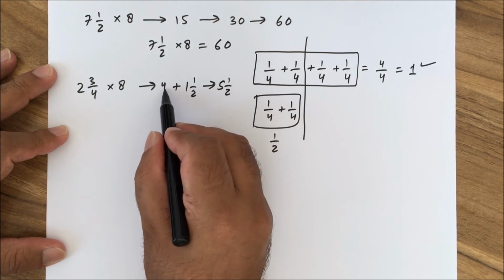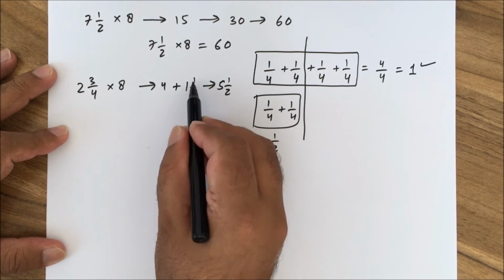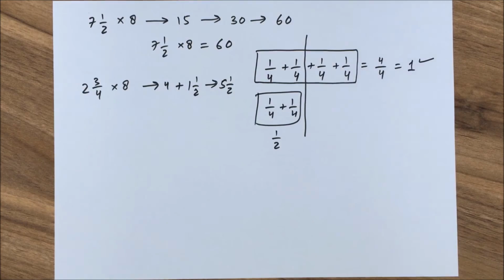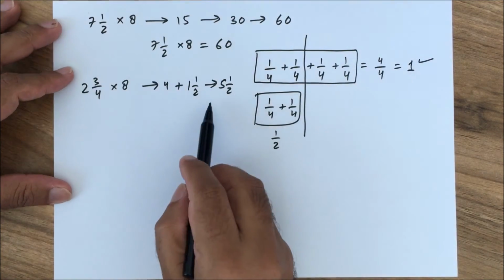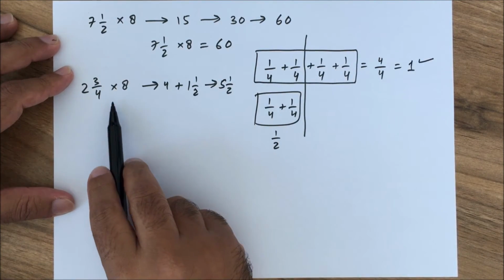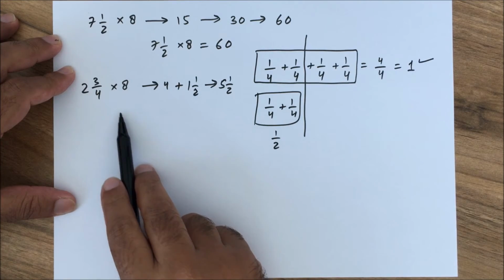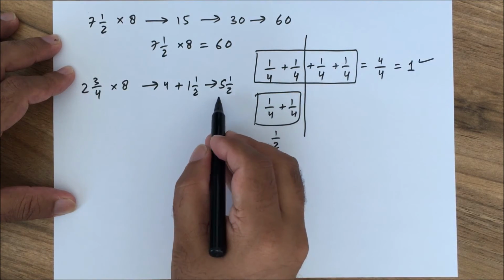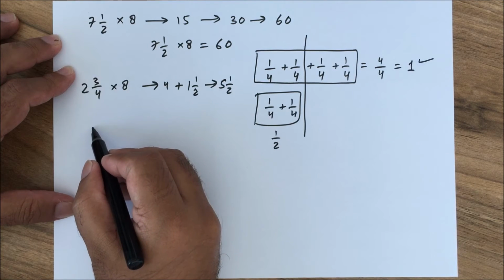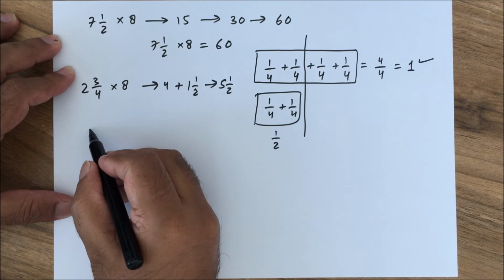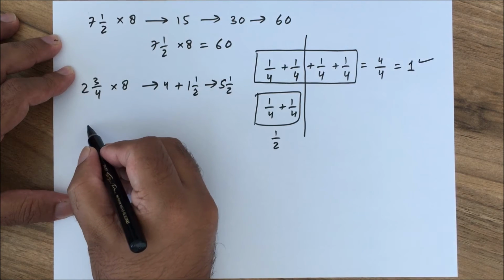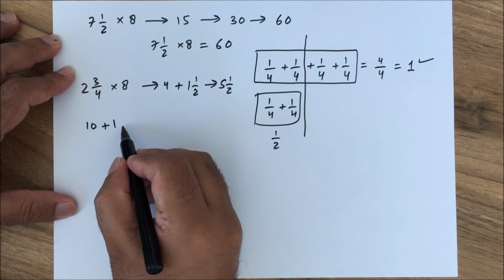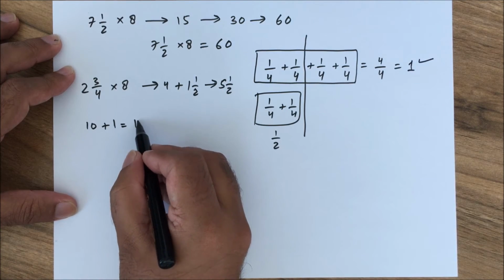Just add the whole numbers 4 and 1, it will become 5, and the fraction remains as it is. Now this 5.5, we have already doubled 2 and 3/4 once, and then we double 5.5. Double of 5 is 10 and double of half is 1, so it will become 11.